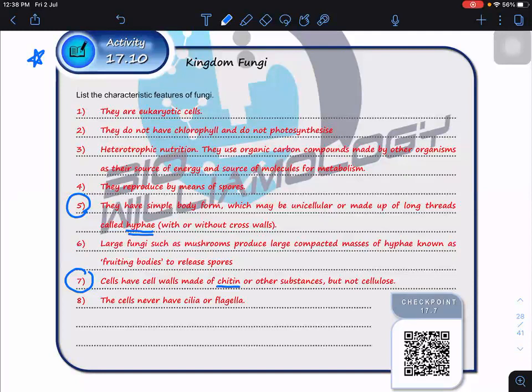You won't get these features in other kingdoms. Okay, so they can be unicellular like yeast, or they have a long tract of cells. With or without the cross wall, it doesn't matter, but they form hyphae and the mycelium.